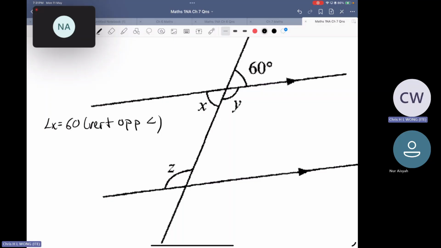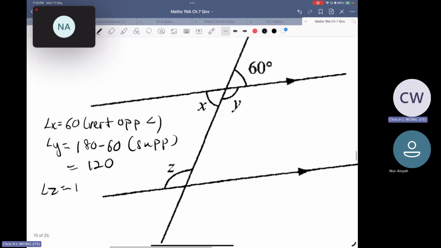What is y? Supplementary, isn't it? Yeah, 180 minus 60, supplementary. That will give you 120. Reason?